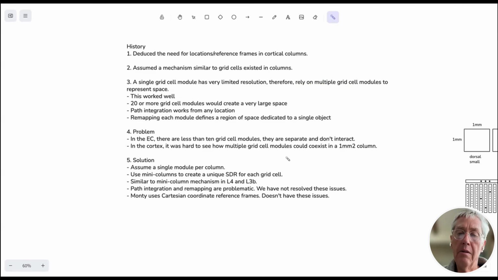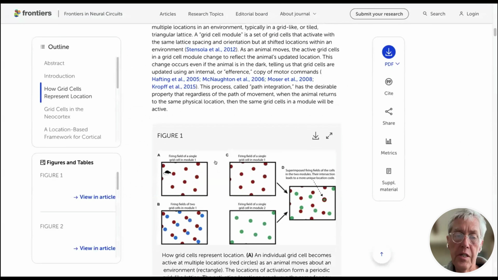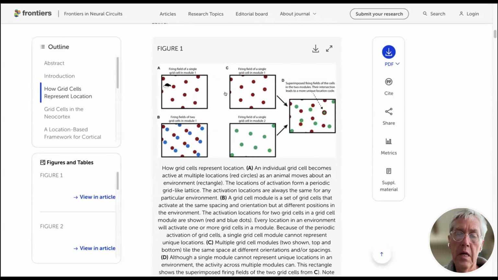I don't have a picture of this, but actually, I do. This is from one of our papers, and here you can see one of the figures. Look at the two grid cell modules in C. Each has a limited resolution.